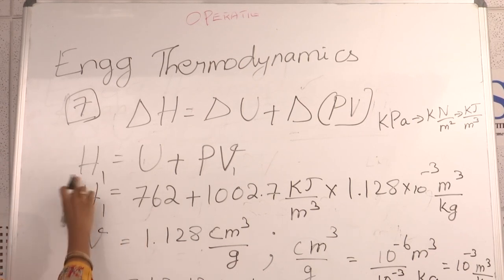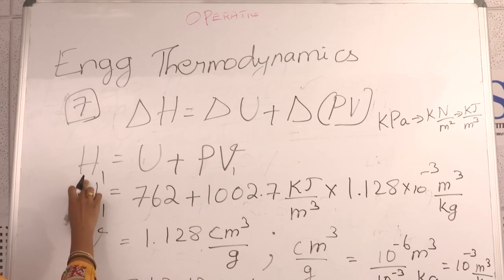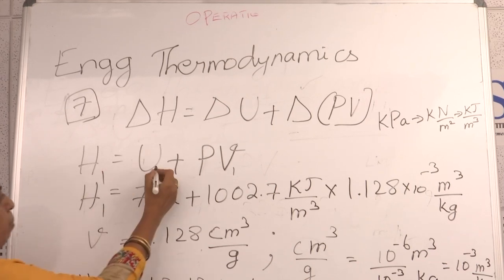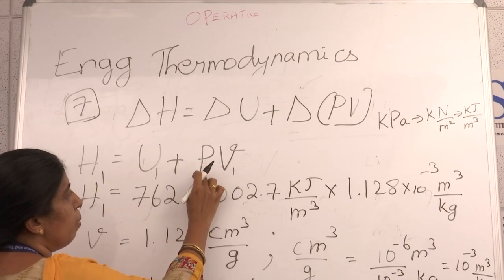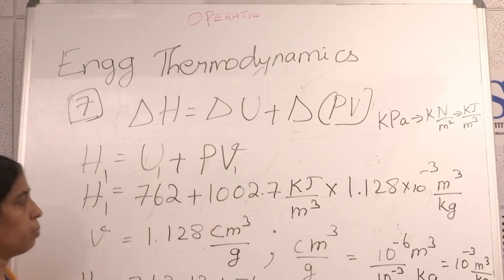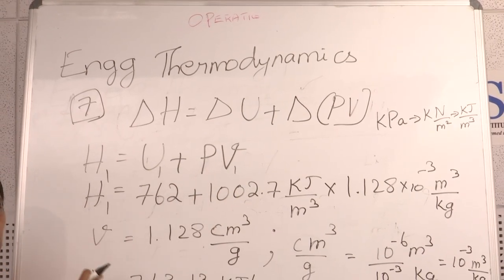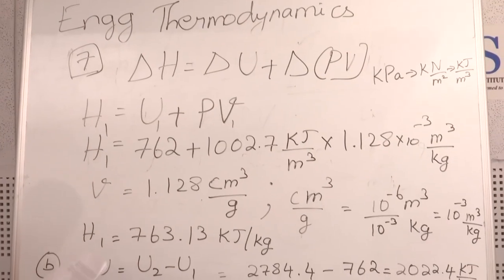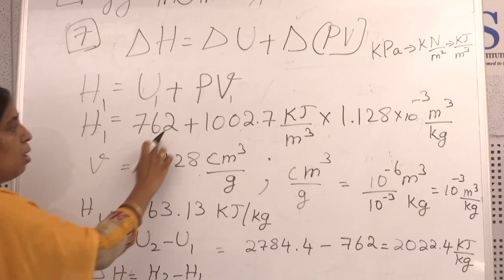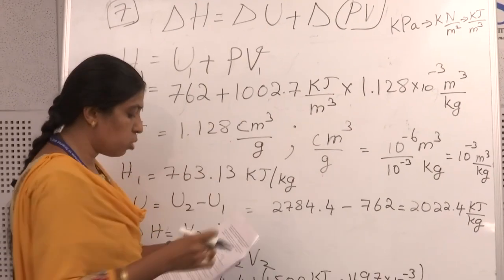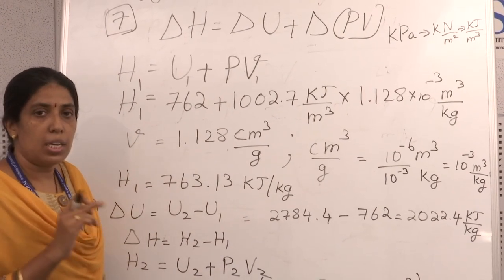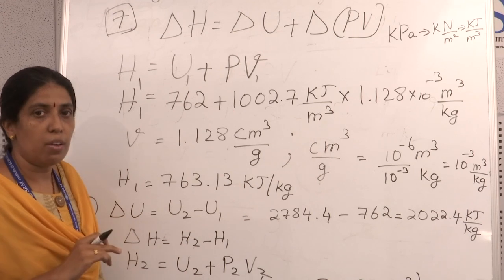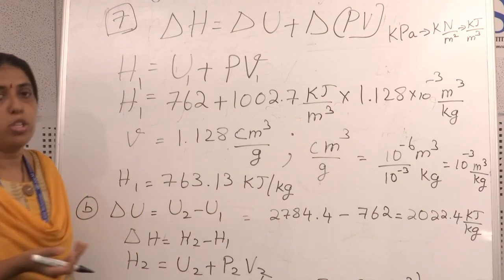So let us take those values. Because we are going to move towards the second process, I have noted down H1, enthalpy 1, is equal to internal energy at the first condition plus pressure into specific volume 1. Internal energy is given in the question, which is 762 kilojoules per kg, plus the pressure given in the question, which is 1002.7 kilopascal. As done in the previous problem, we need to convert kilopascal to joules per meter cube.